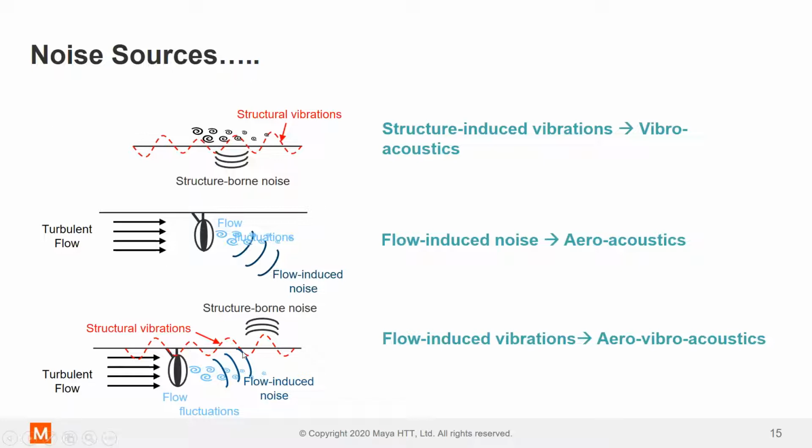These pressure fluctuations vibrate the structure, and these structural vibrations then generate structure-borne noise. Now, there are also other types of noise sources. Today, I'll run through the various solutions to resolve such acoustics problems using the solutions available in the Siemens portfolio, while focusing on just flow-induced noise.